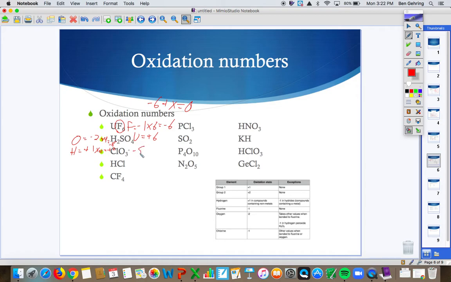So I have -8 plus 2 plus x equals 0. If you take -8 plus 2, you get -6 plus x equals 0. Sulfur has to be +6. I will let you work through the rest of these, so pause the video, work through those, and then when you hit play, we'll continue on to the next slide.